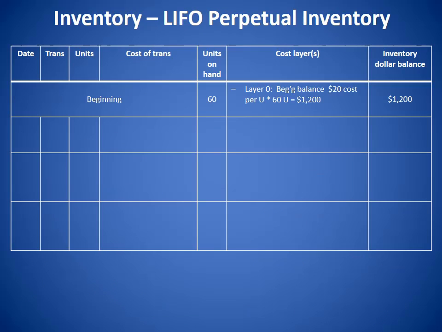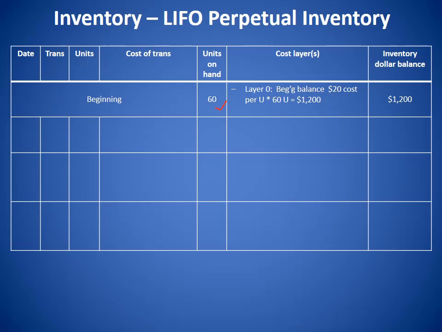Okay, now we're going to use a perpetual inventory, but we're going to use it based upon a LIFO inventory basis. So we're going to assume our beginning balance in this case: we have 60 units on hand.